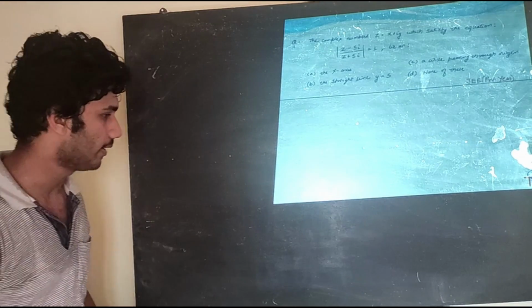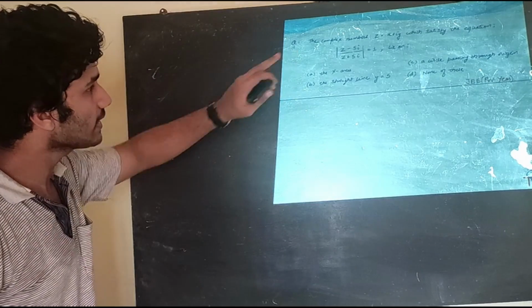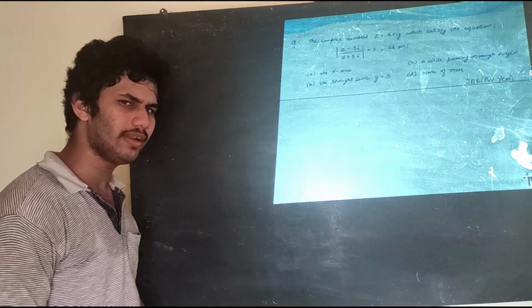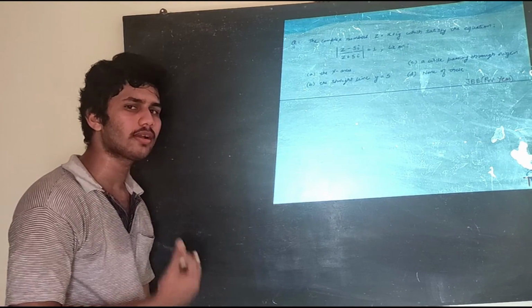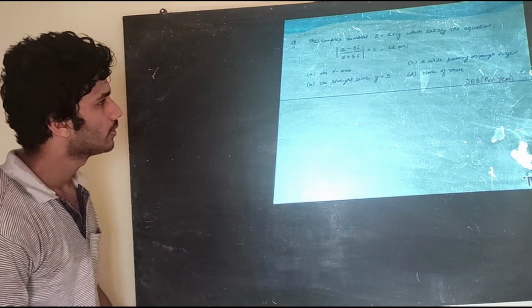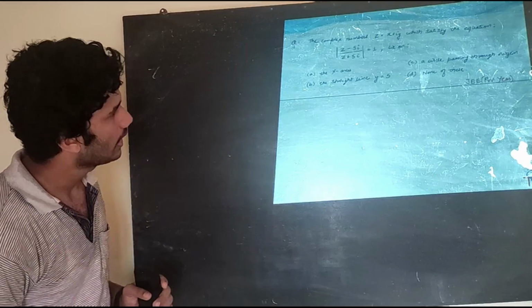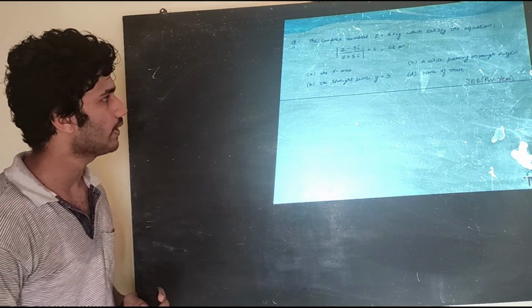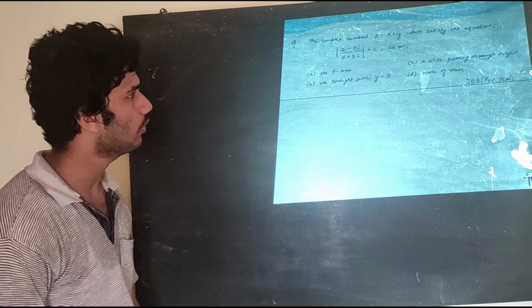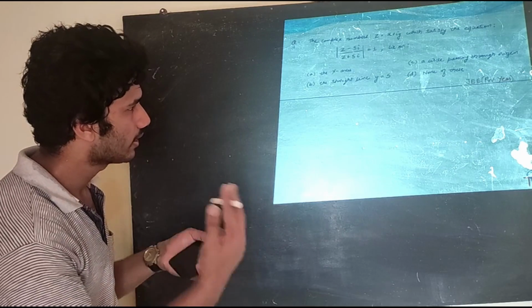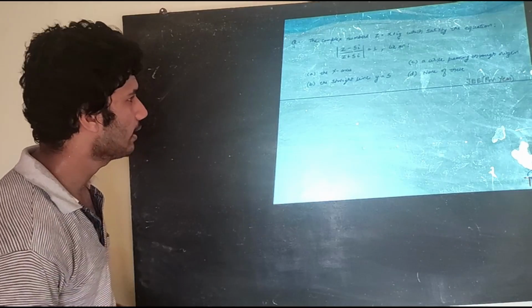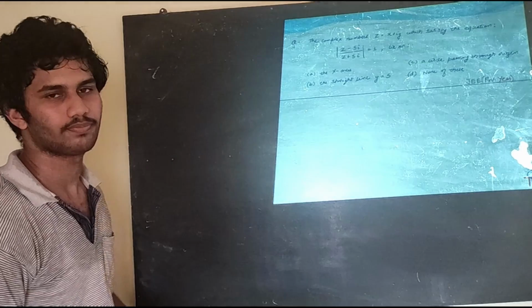Okay, we have a question over here. A complex number z is equal to x plus iy, and as I said, we will discuss some important concepts also in the questions. When satisfying the equation modulus of z minus 5i by z plus 5i is equal to 1, z lies on the x-axis, a circle passing through origin, straight line y equal to 5, or none of these.